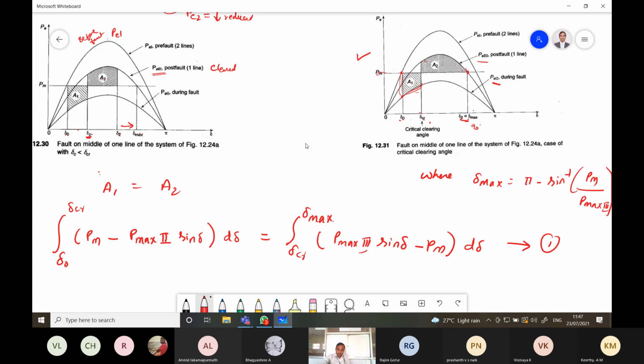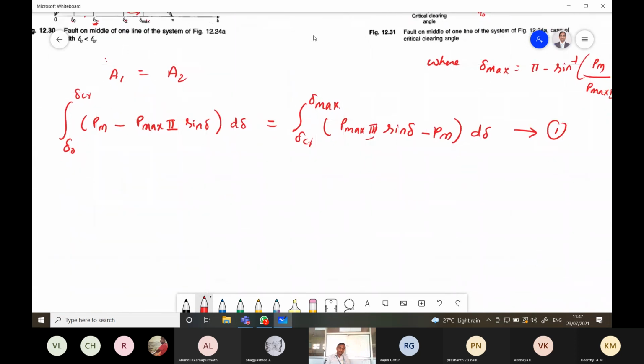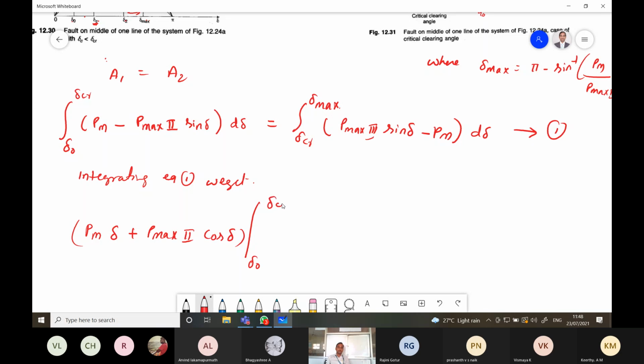I will directly write, after simplification, Pm into delta plus P max 2 cos delta, with limits delta naught to delta Cr.